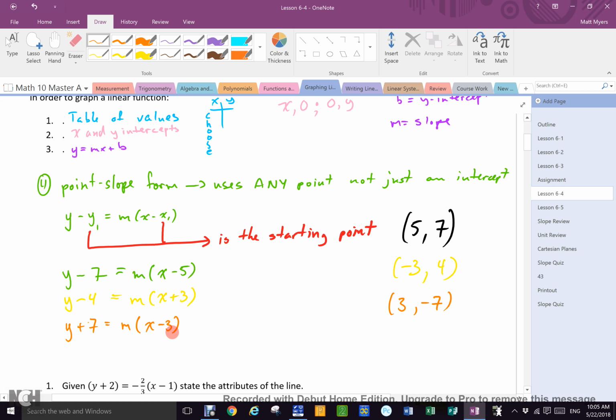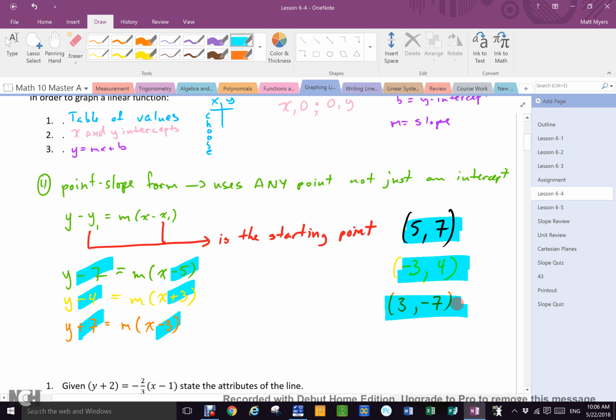What do you notice about all of these points when you compare them to the points that I started from? How does the actual point on the graph compare with what the point looks like in the equation?